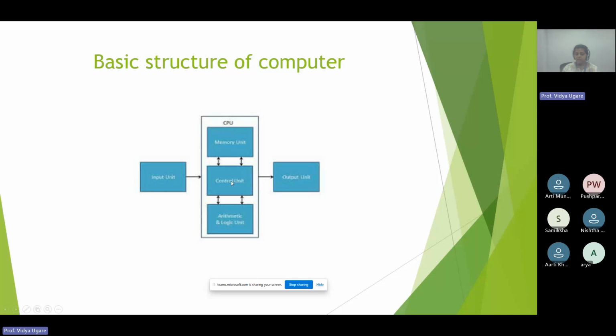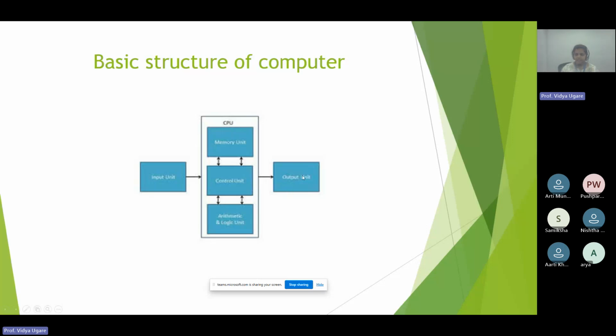The control unit controls the flow of the addresses, the flow of the controls, the flow of the data from input unit to output, from memory to ALU, ALU to memory, etc. So the control unit is responsible for managing the flow of data, address or controls of all the other units. Then comes the output unit.